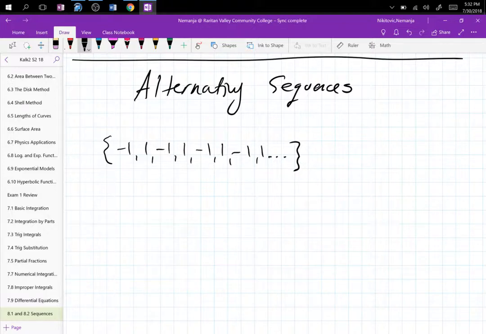So alternating sequence or alternating series later on, they are going to have terms that swap between positive and negative. So that's what we have for our alternating sequences. And to portray this one, we're just going to call it -1 to the n.